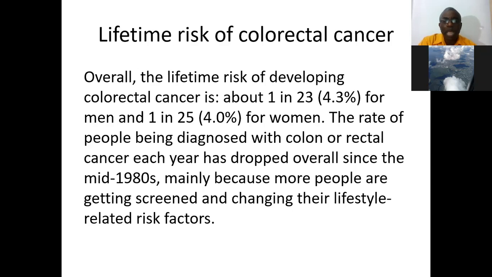Overall, the lifetime risk of developing colorectal cancer is about 1 in 23. So 1 in 23 persons will develop colorectal cancer. So every 100 persons, 4 have the possibility of developing colorectal cancer. You see what we're talking about?